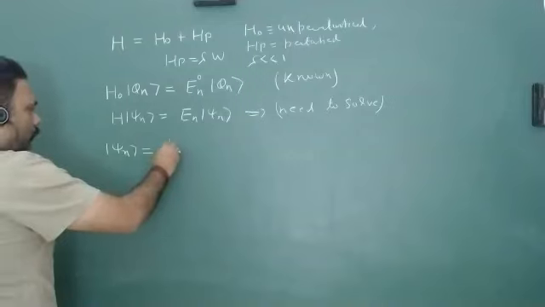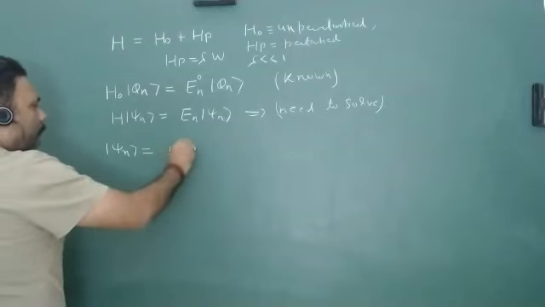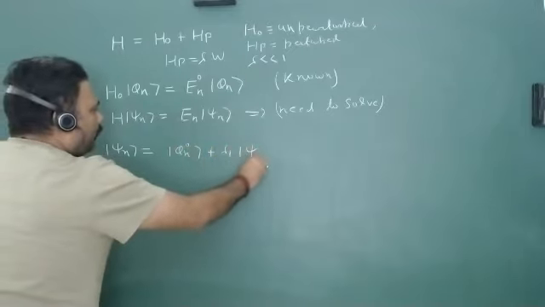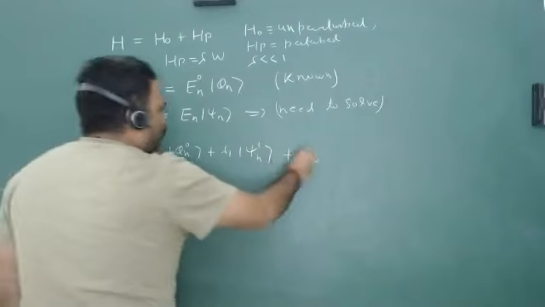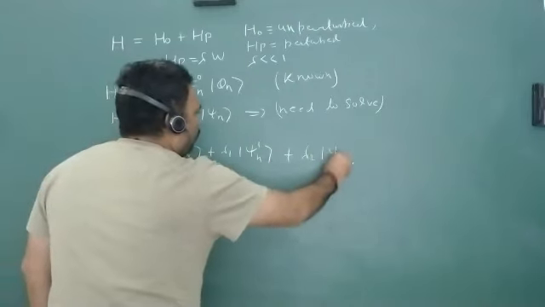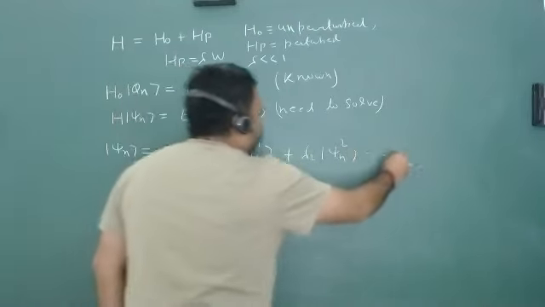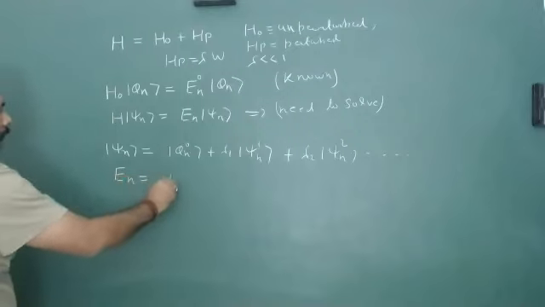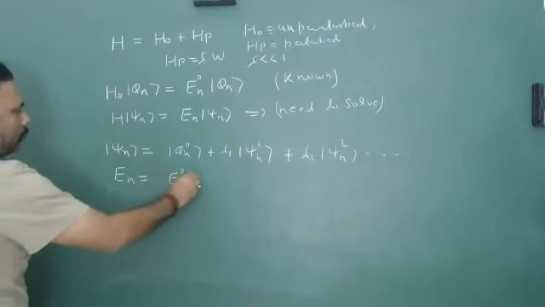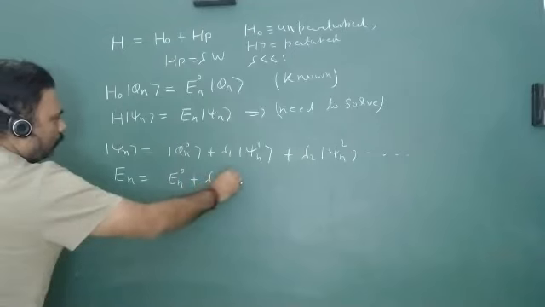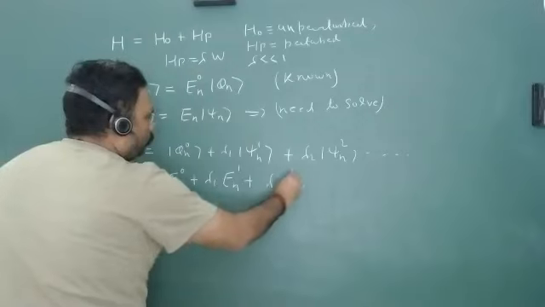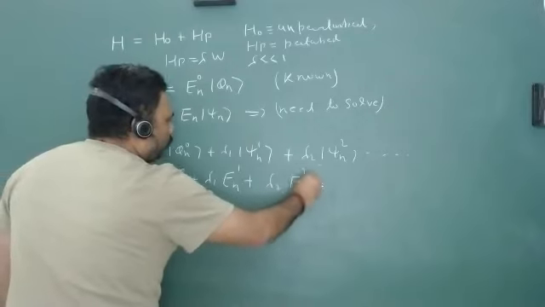So this will be phi n0 plus lambda psi n1 plus lambda squared psi n2 and so on. And we have En also written as En0 plus lambda En1 plus lambda squared En2 and so on.